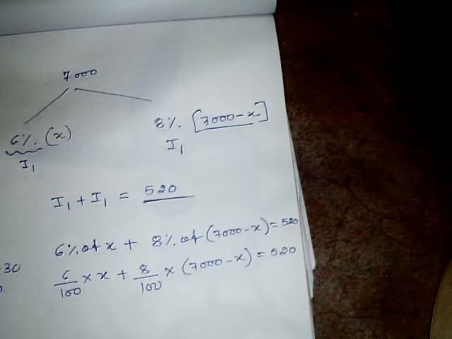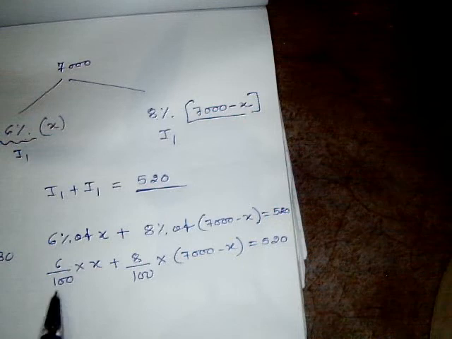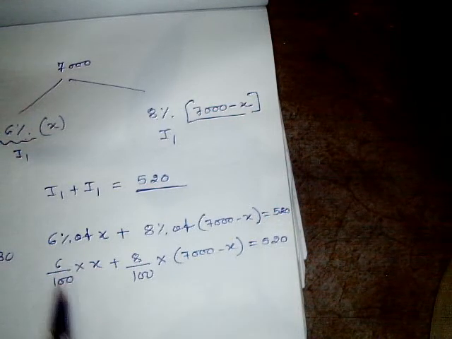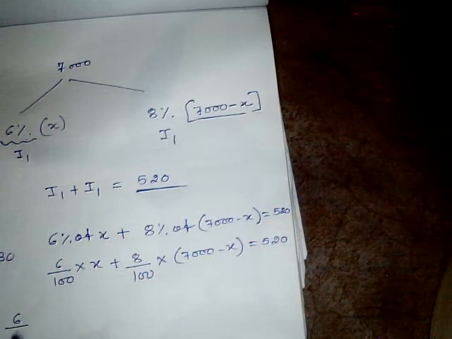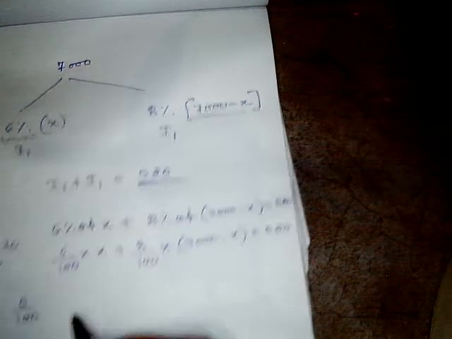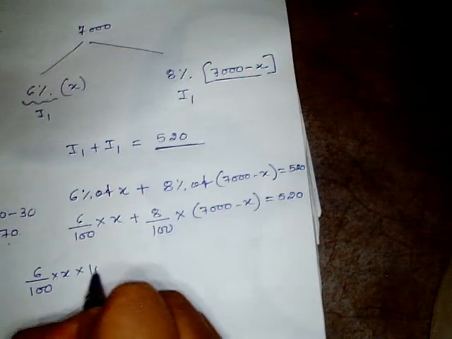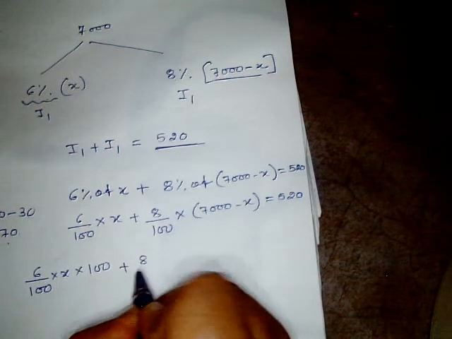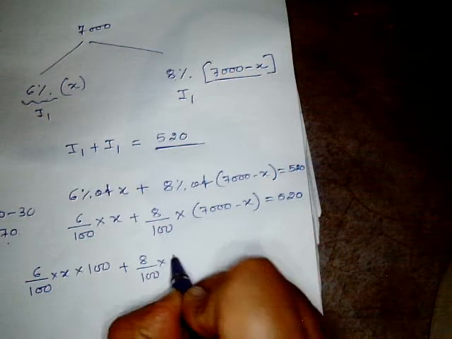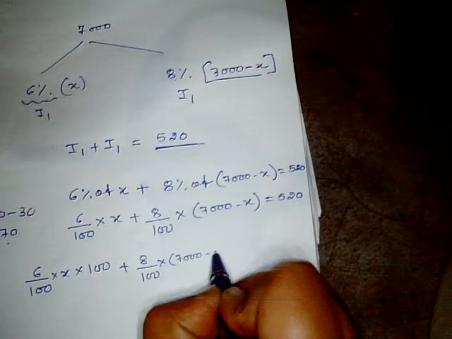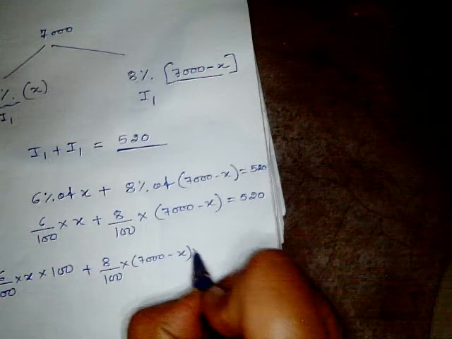To remove the 100, I need to multiply each term by 100. So I multiply 6 upon 100 into x into 100. This is the first term. The second part is 8 upon 100 into 7,000 minus x into 100, equals 520 into 100.